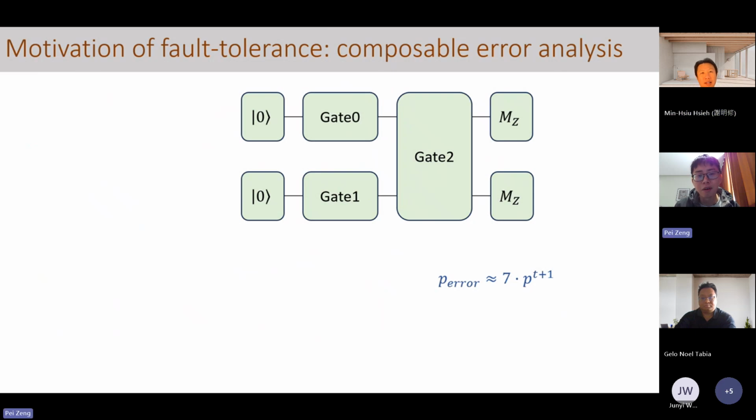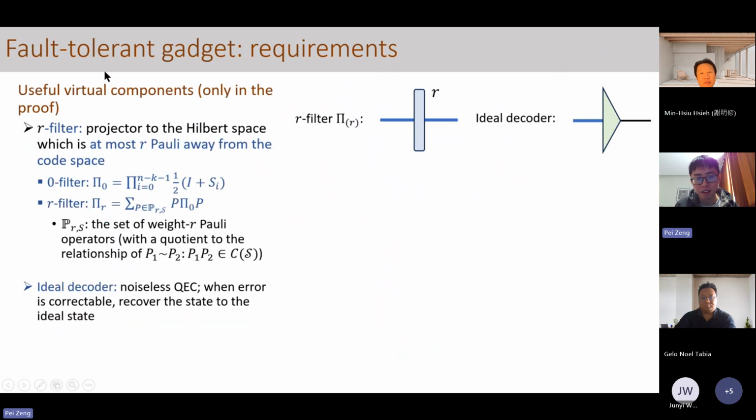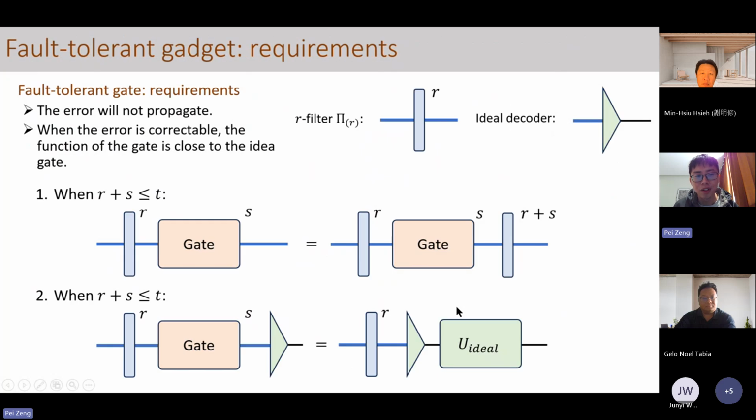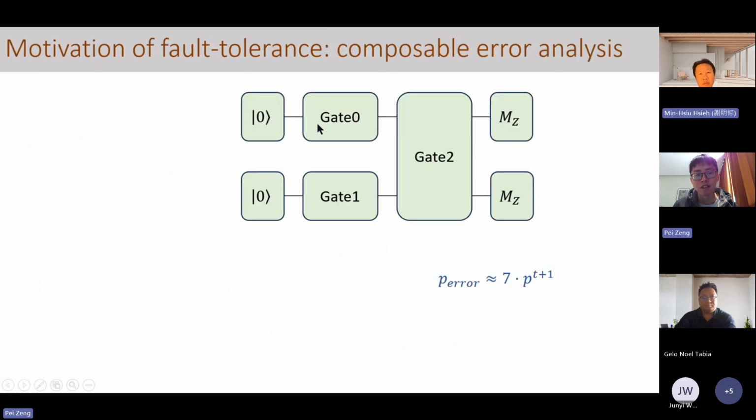Yeah, this is a very old story, composable error analysis. I don't know what's new in last week's talk, but this kind of fault-tolerance idea was demonstrated 20 years ago. So this is the canonical, gadget-based fault-tolerance analysis.